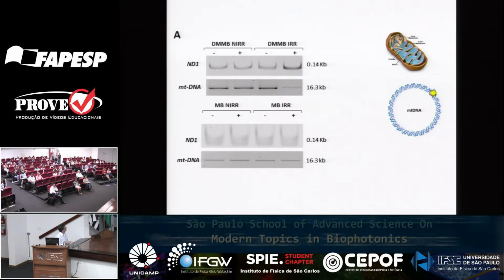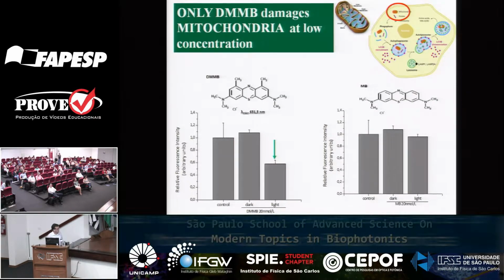And you see that when we treat these cells with dimethylmethylene blue and irradiate, we damage a lot of mitochondrial DNA. Nothing happens with nuclei. We measure the electrochemical potential of mitochondria. This one is damaged, this one does not, as expected.